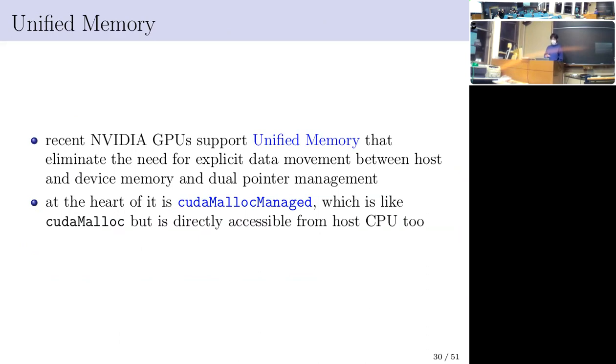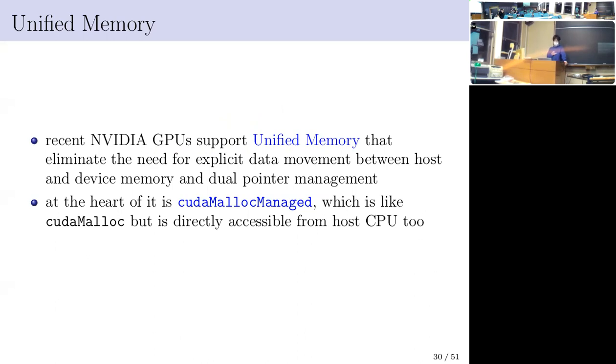So just one note about an alternative way of doing it, something called unified memory. Recent NVIDIA GPUs support something called unified memory that basically eliminates the need for explicitly moving data between GPU and host. It's just like a shared memory between GPU and CPU.